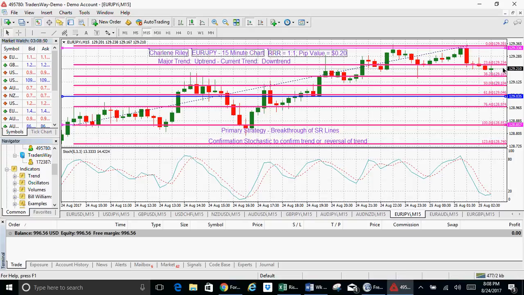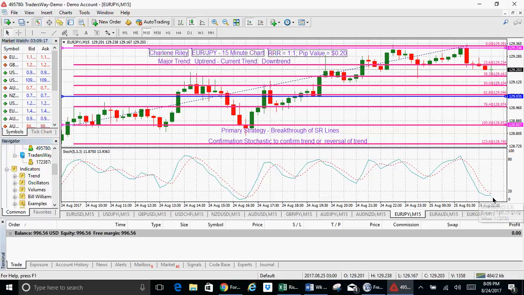So the trade setups that I'm looking for are, since there's a downtrend, if the trend continues, I'd be looking for a break below the 129.162 or a reversal and a breakthrough at the 129.234. So those are the trade setups.